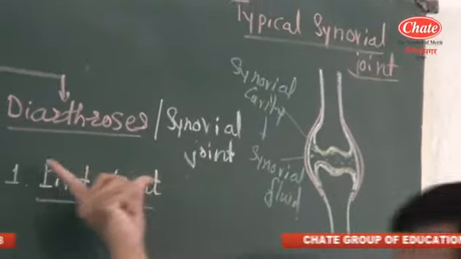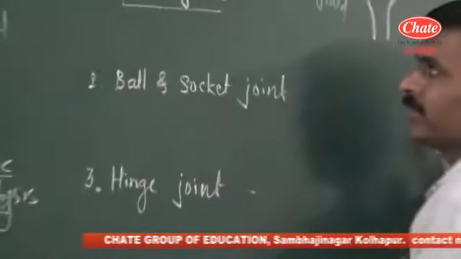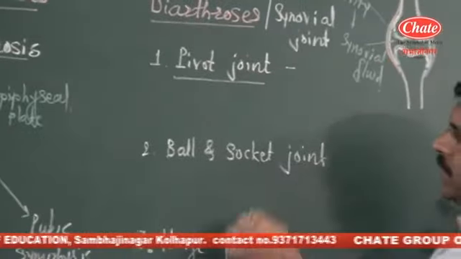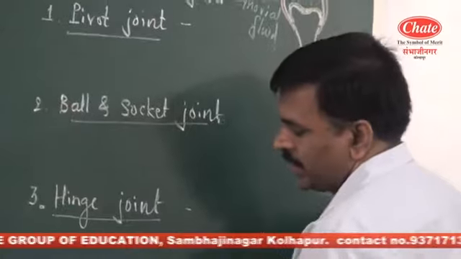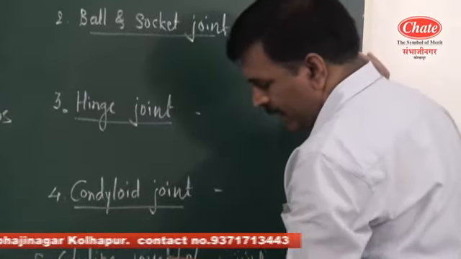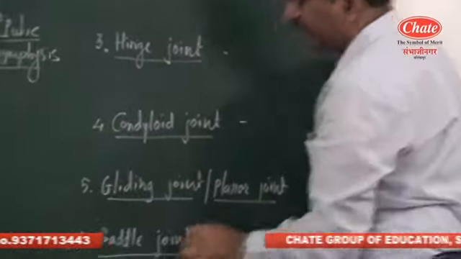Now diarthrosis: there are 6 different types, that is the pivot joint, ball and socket joint, hinge joint, condyloid joint, gliding joint or planar joint, and saddle joint.